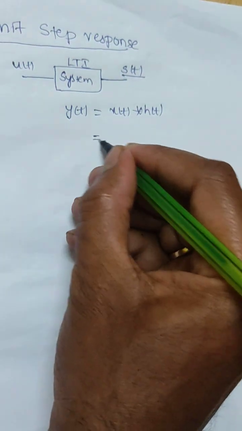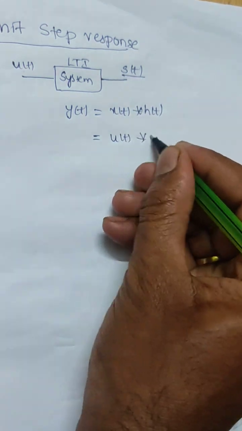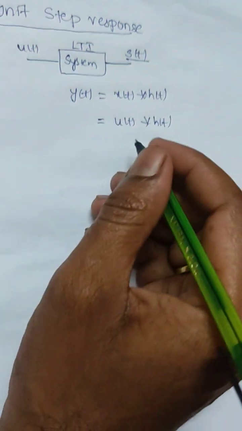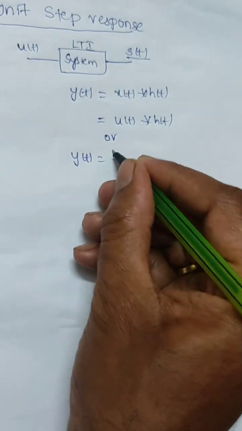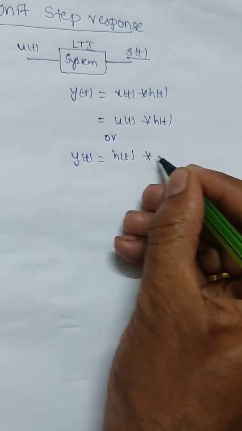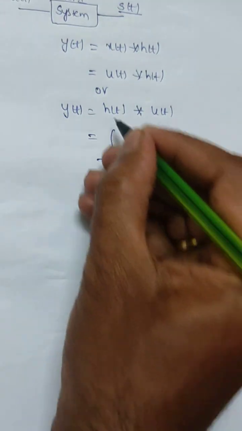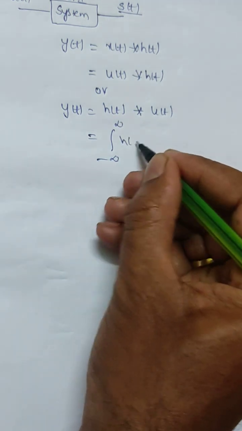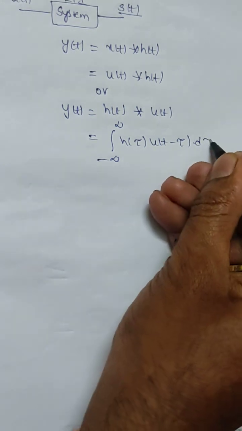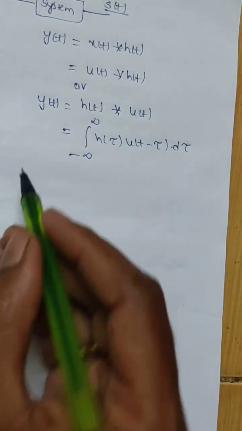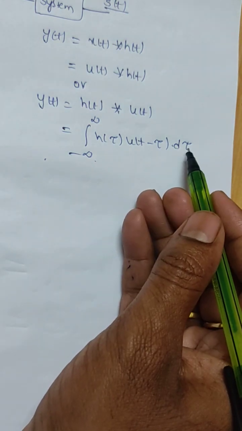Here the input is u of t, so u of t convolved with the impulse response h of t, or else we can also write y of t equals h of t convolved with u of t. That is equal to the integral from minus infinity to infinity of h of tau u of t minus tau d tau.